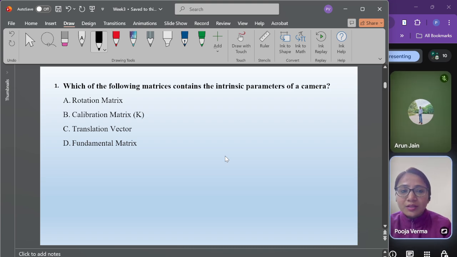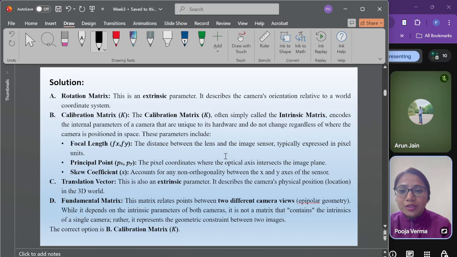Okay, so let's see the detailed solution for this question. Option A is a rotation matrix. The rotation matrix is an extrinsic parameter, not an intrinsic parameter. It basically describes the camera's orientation relative to the world coordinate system.